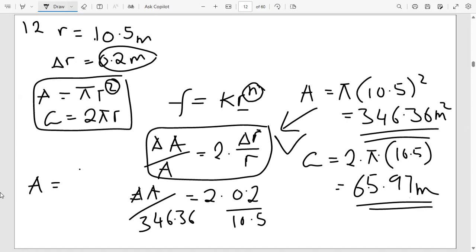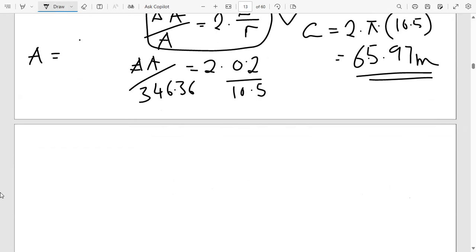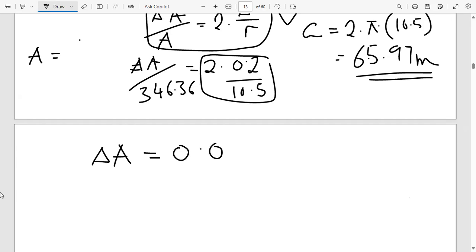So when I plug this in, I'm getting 0.0381, and I'll multiply this by the area, which is the denominator there, which is 346.36.